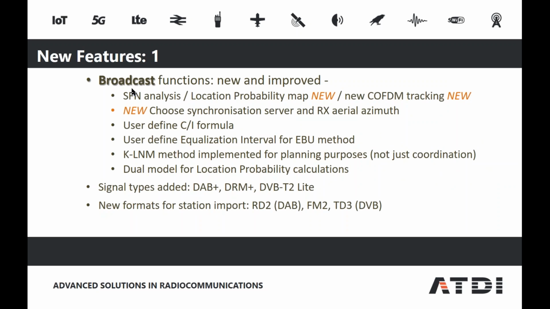So for doing a single frequency network, this is the sort of thing you would do with a DAB, digital audio broadcasting network. There is now a location probability map, the modulation system being used, and a tracking facility. Now, in my days, everything on a single frequency network was correlated.